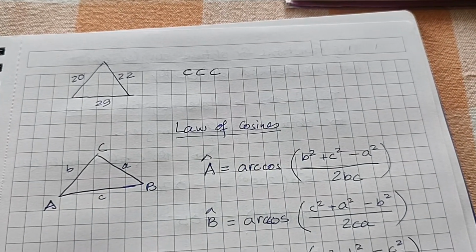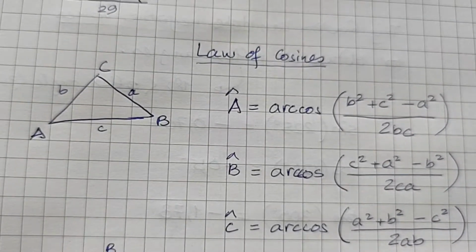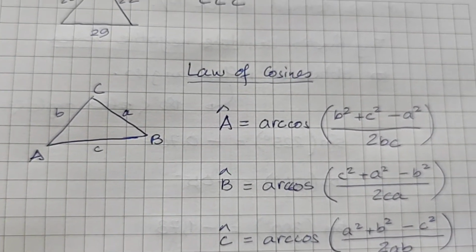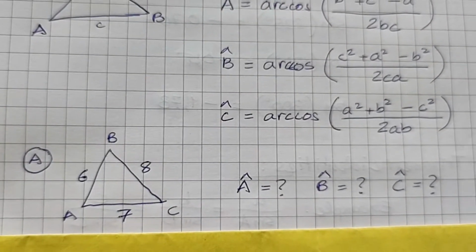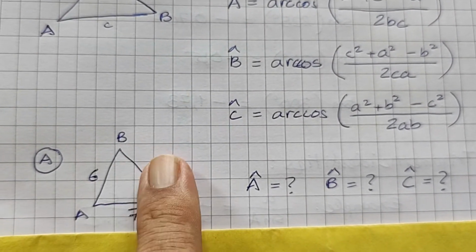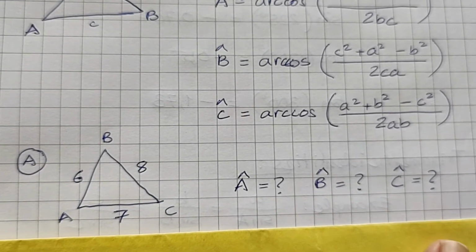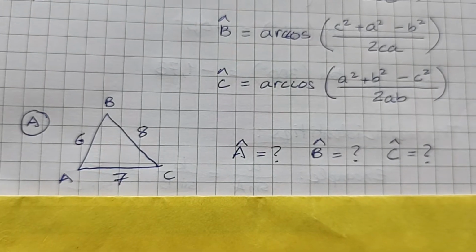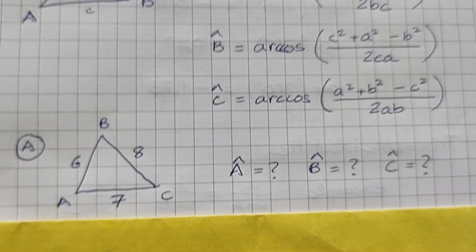Many of them require more maths than you currently know. Okay, so this is for solving triangles. So again, as an in-video problem, I have a triangle with sides 6, 8 and 7. Please find the angles A, B and C and submit to me. This is just to make sure that you are watching the video.